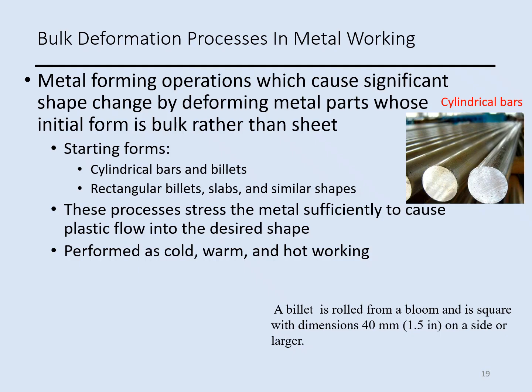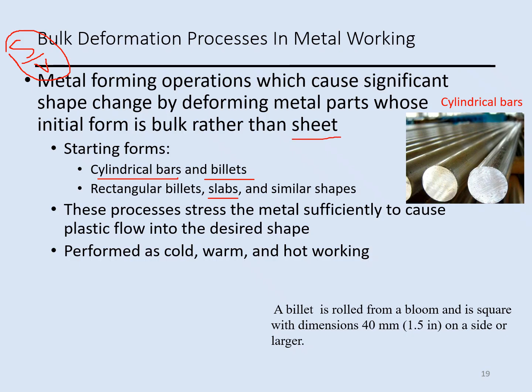For the processes, we start with bulk deformation. In bulk deformation, as we mentioned before, the surface over volume ratio is small. So the material that we are working has a smaller ratio of surface to volume. The starting forms are cylindrical bar or billet. They can be rectangle, they can be a slab.